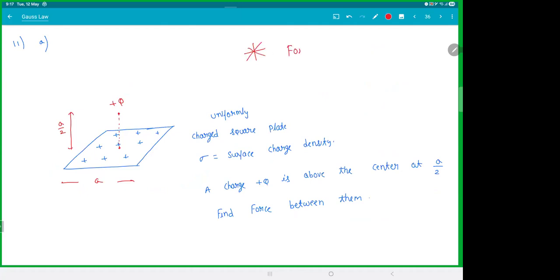The force on a plate will be sigma of the plate into the flux due to the charge on the plate.